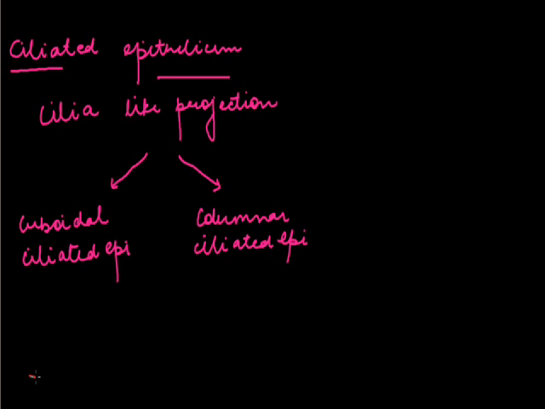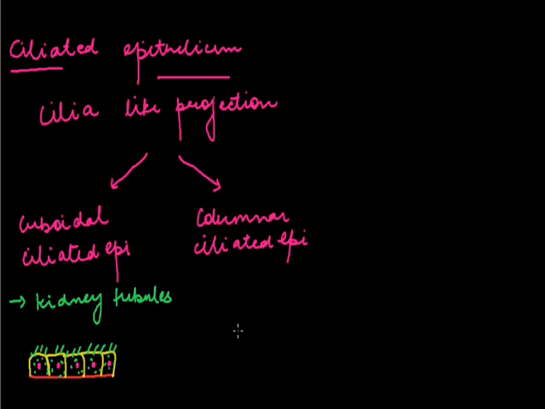The cuboidal ciliated epithelium will again have a basement membrane. It will have cube-like cells, which we have drawn earlier, with the nucleus in the center and the cytoplasm. The additional part is that it will have cilia on the surface. The site where cuboidal ciliated epithelium is found is the kidney tubules.